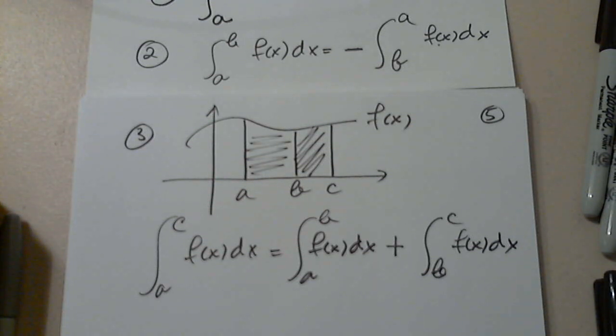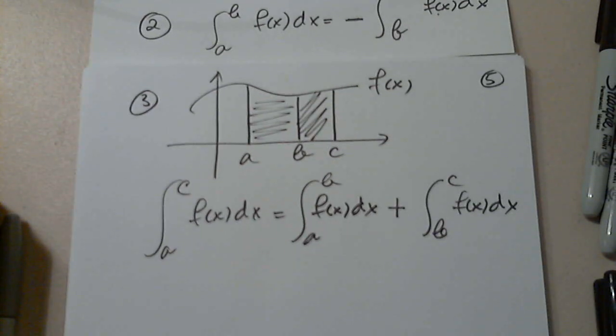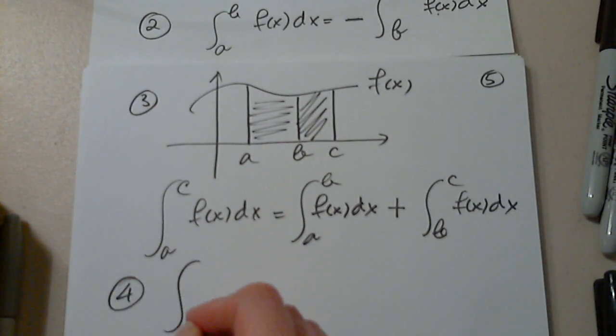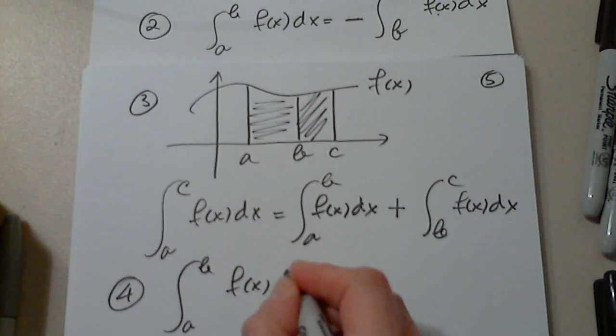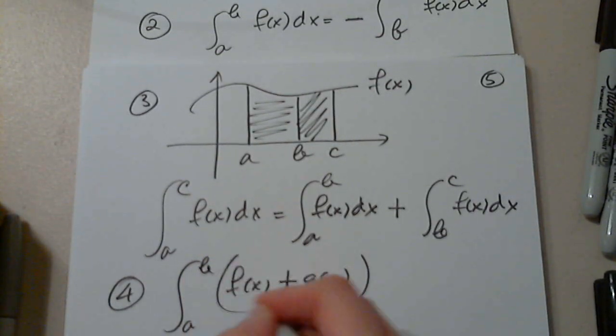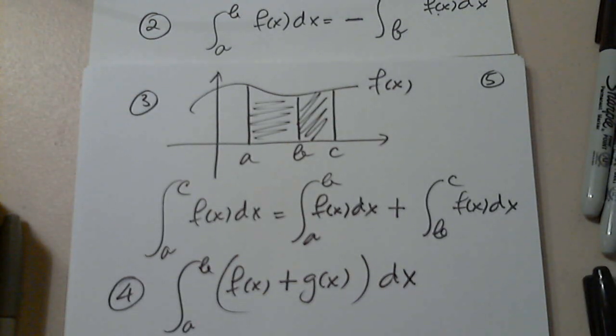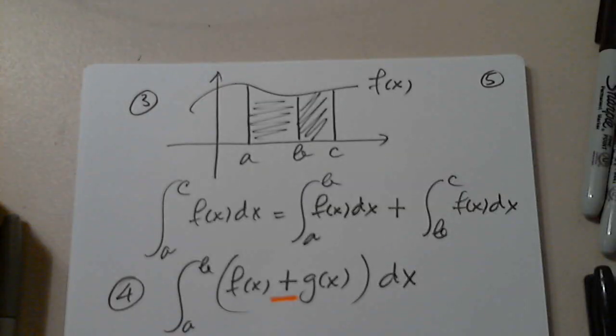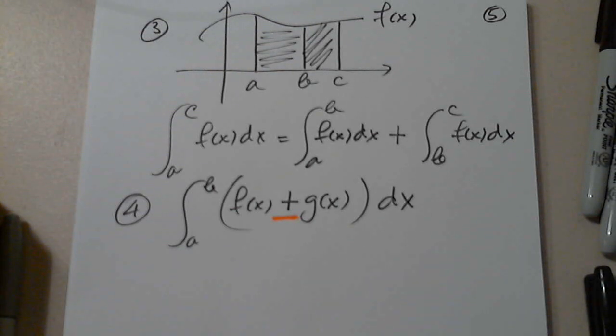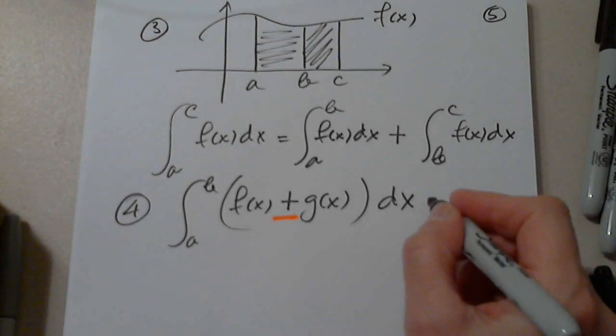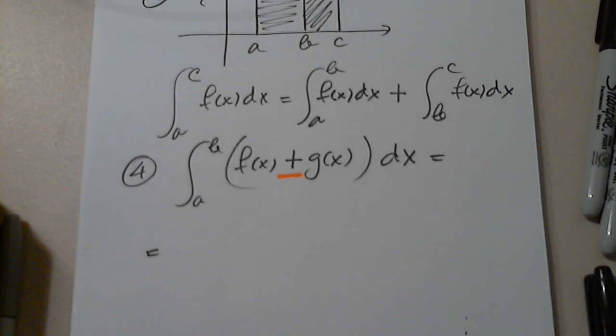there are many other properties, and I'm just going to mention one together basically. What do you think about the integral from a to b of f of x plus g of x, of course dx, or minus? What do you think this will equal? It's the same property we used for limits, the same property we used for differentiation. What do you think? Wild guess.